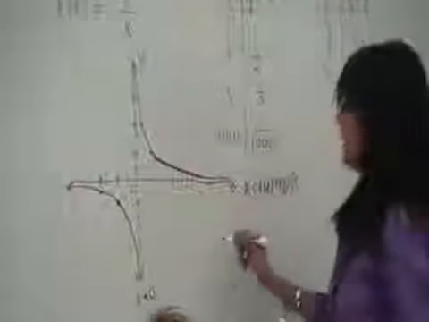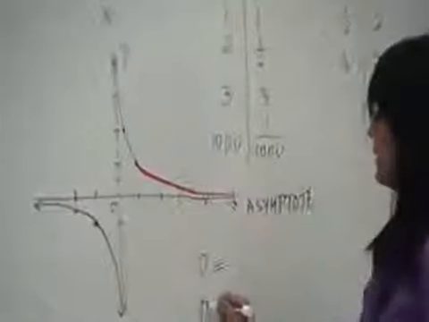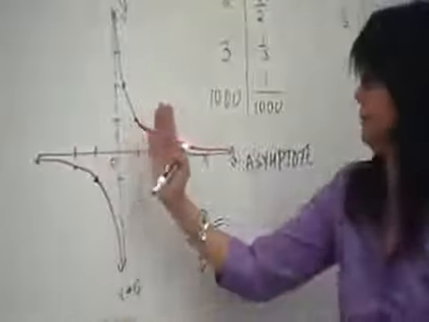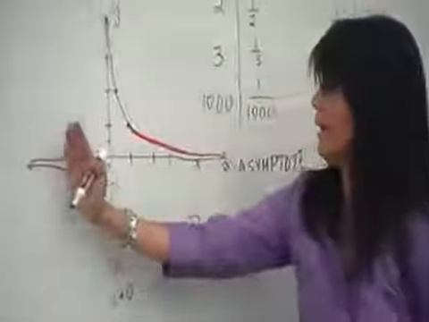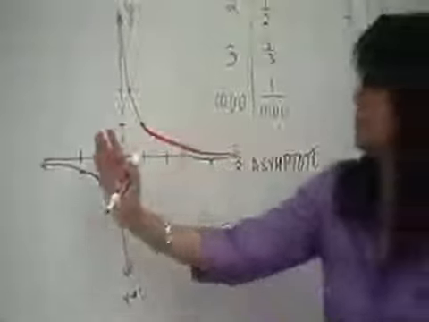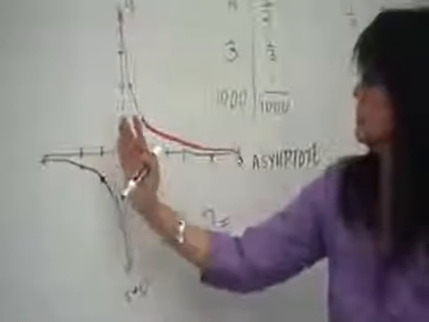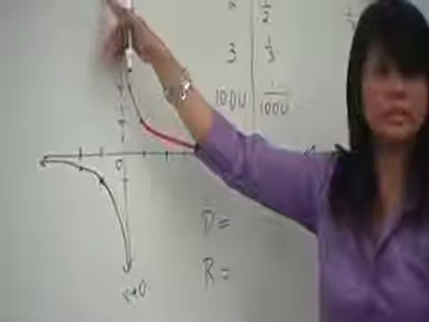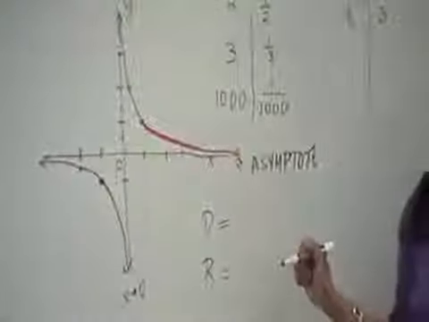Again, if we look at the graph, we can analyze the domain and the range. Anybody want to help me with the domain? Do we hit everything? No. Which one don't we touch? The 0, the y-axis. We saw that as early as here. How did we write that a long time ago?